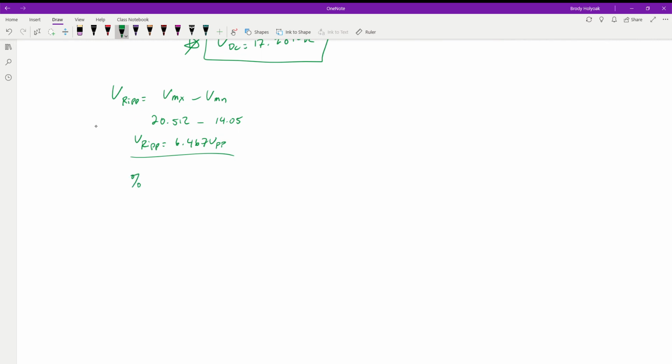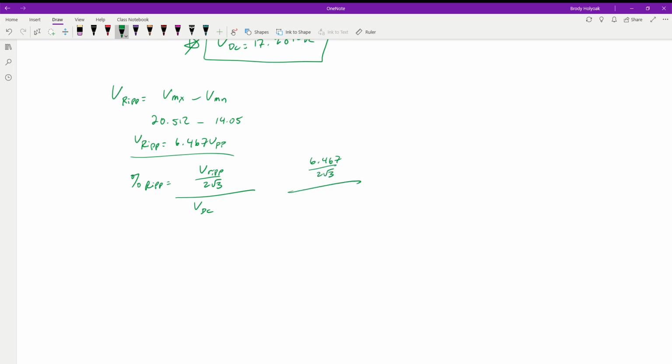And the percent ripple is equal to the voltage ripple peak to peak, divided by 2 root 3, because we have a sawtooth wave now instead of the sine, divided by our VDC. So this is 6.467 divided by 2 root 3.